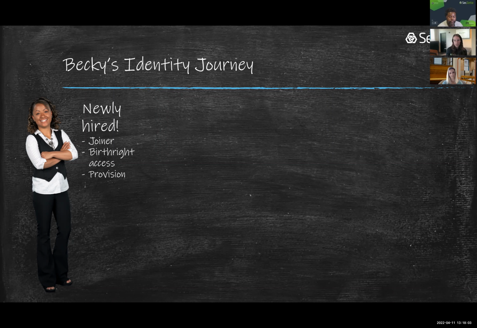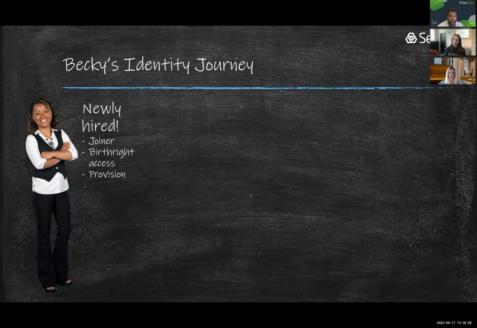We all know that when we start a new job, we need things like an email address. We need access to maybe Zoom or some other conferencing software, especially these days, right? We need access to maybe Word or Excel or Office 365. So we're getting all of these things that we as employees need in order to do our job.